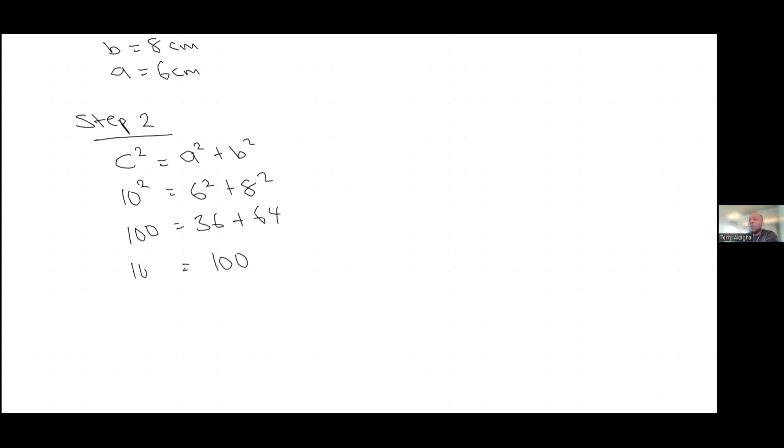Therefore, the left-hand side is equal to the right-hand side. So because the left-hand side is equal to the right-hand side, the triangle is a right angle triangle.